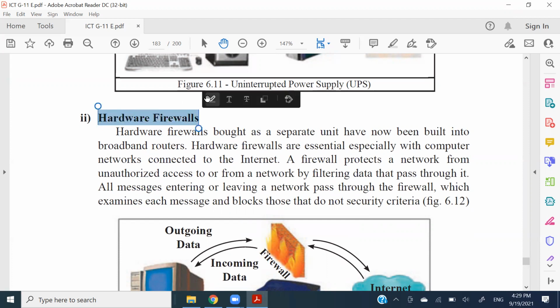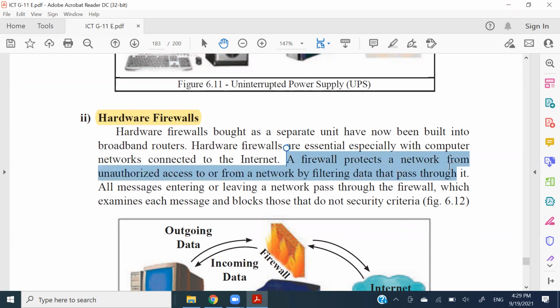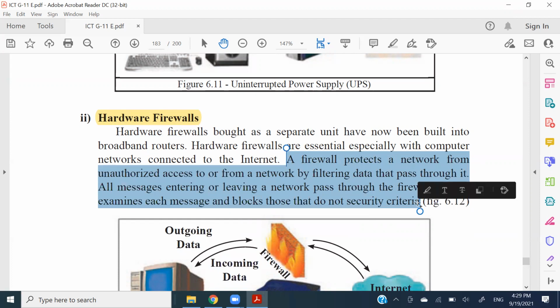Yeah, with the heading, you can write these particular lines.